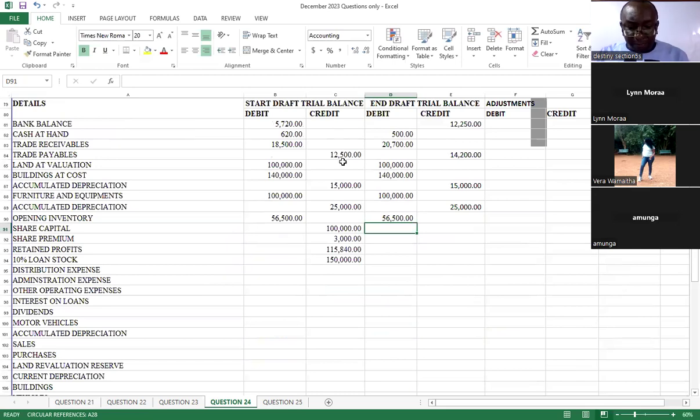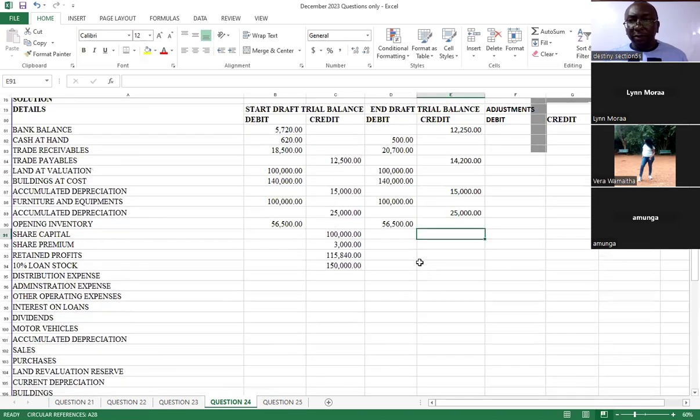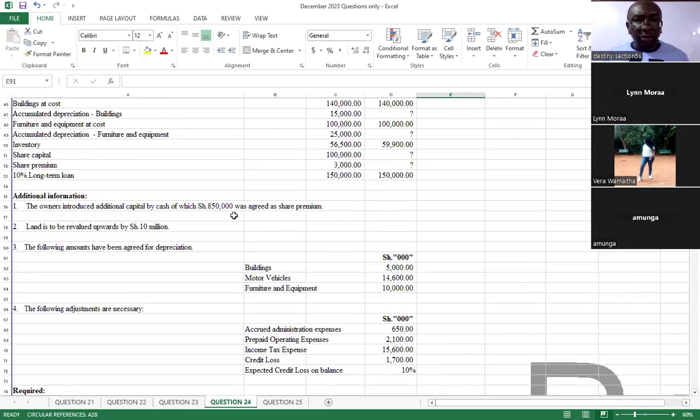Then share premium, there is something we are told about the share premium. It's supposed to be 100 here, but we have been told there is something that happened. Let me look for that information. This one, they introduced some cash, out of which 850 was agreed as a share premium.